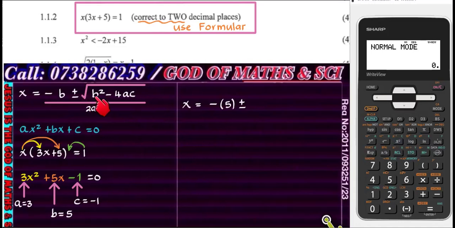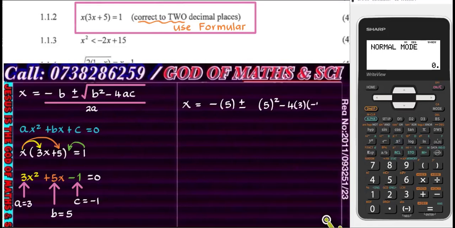Now I want to put the b squared under the square root. I'll bring the square root later. So this is 5 squared, and then minus 4a. a is 3, so we put a 3 there, open the parenthesis, and then c is minus 1.